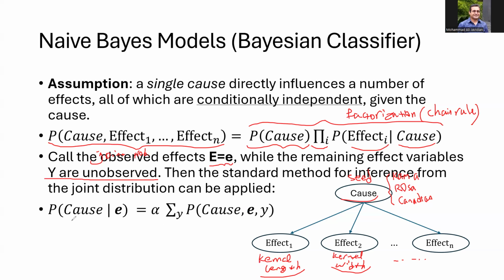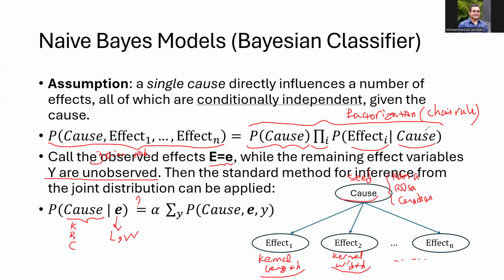So how to do that? For example, I know the kernel width and kernel length. So I have evidence for kernel length and width. L and W I'm using for kernel length and kernel width. And I want to see what's the probability that this seed belongs to one of these classes, Gamma, Rosa, or Canadian. That's the main question.